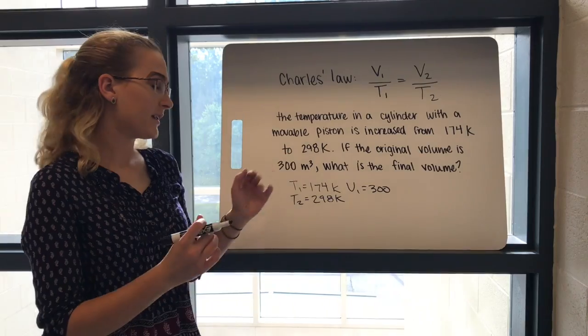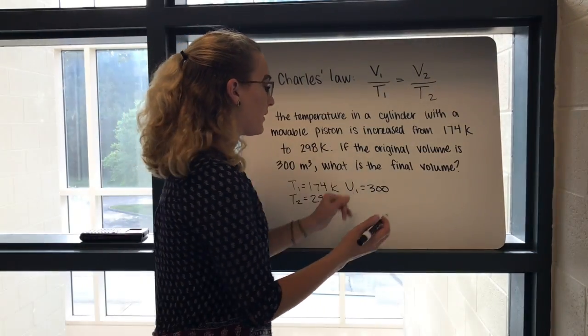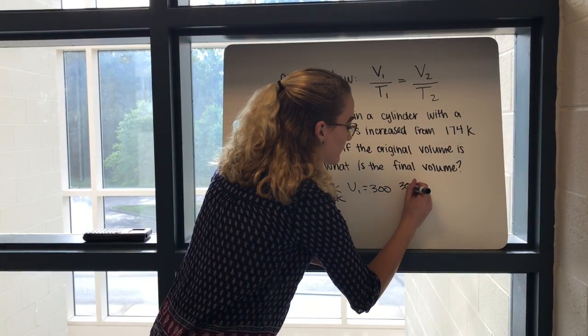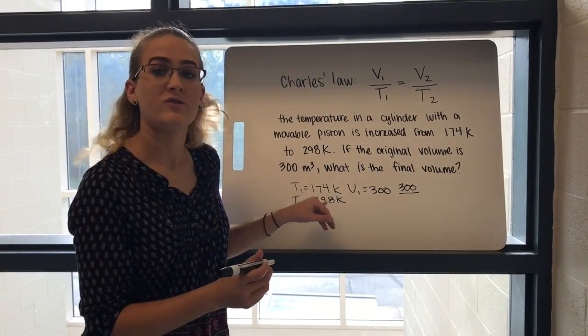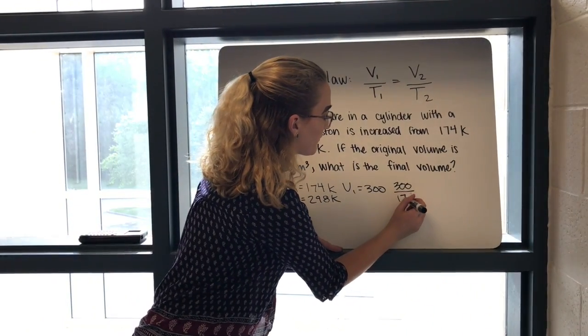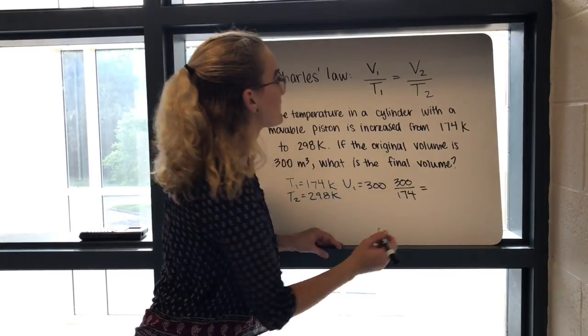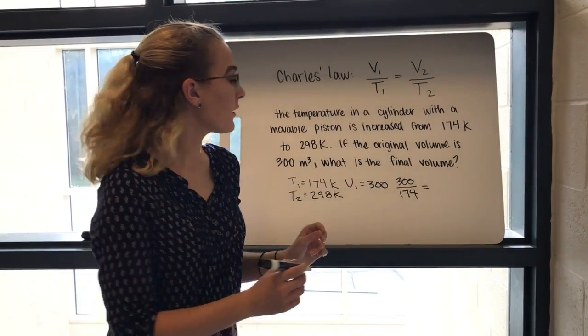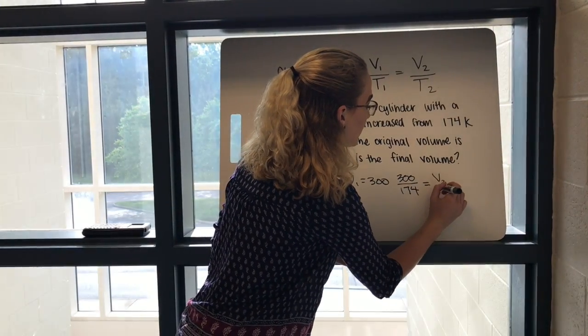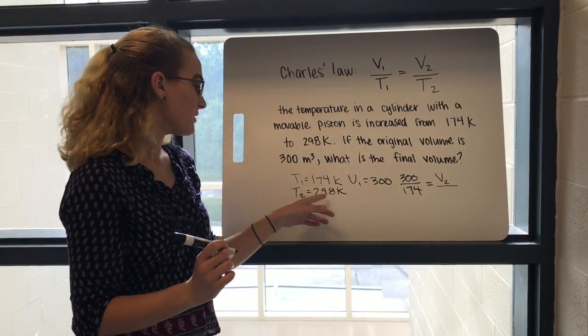So let's just plug it into the equation. V1, which is 300, divided by T1, which is 174, equals V2, which is what we're solving for, divided by T2, which is 298.